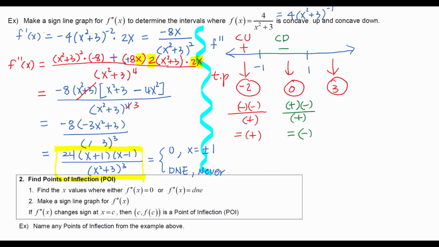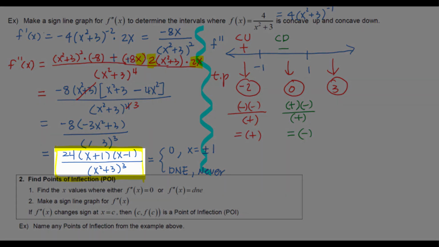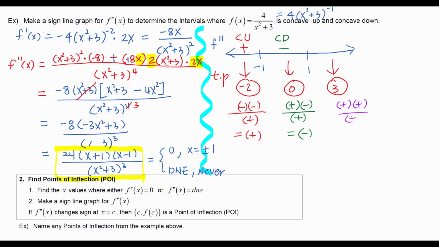And then test the number 3. Plug 3 into every x you see in the f double prime equation. So 24 is positive, 3 plus 1 is positive, 3 minus 1 is positive, 3 squared plus 3 cubed is positive. So this is positive, which means the graph of f will be concave up again from 1 to infinity.